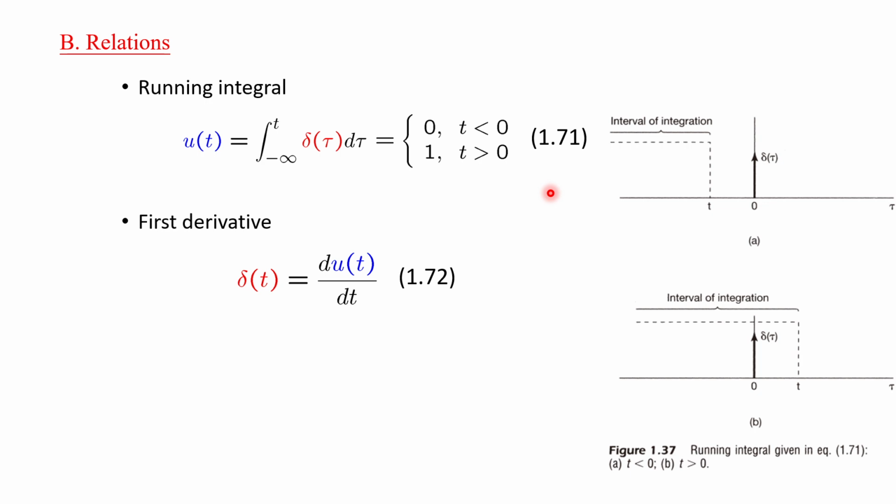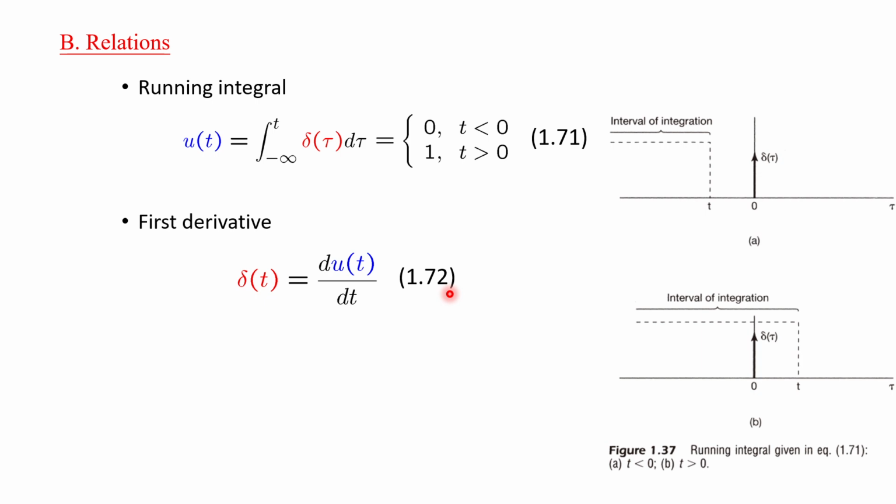Also, the reverse is that if you take the derivative of a unit step function, you get a delta function. So any questions?